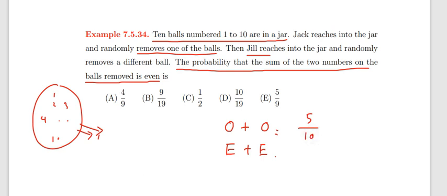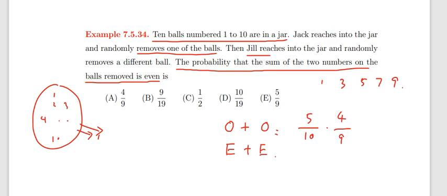Then for the second one, by now we have 9 remaining, and we also need an odd number. There are 4 odd numbers left: 1, 3, 5, 7, 9, and if we pick only one, we have 4.